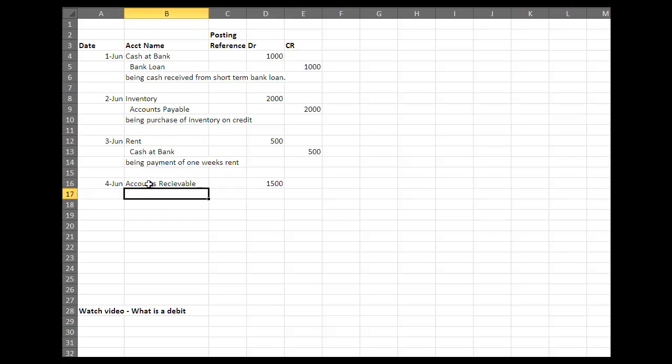And what's the credit? The credit is a revenue, so sales have gone up $1,500. And this is being credit sales. Now, there's one other entry that comes about here, June 4th.